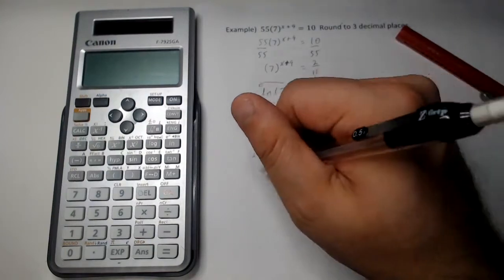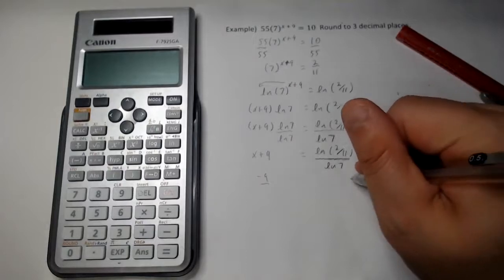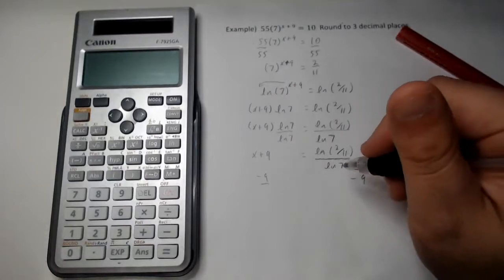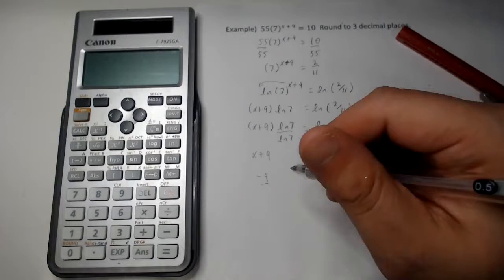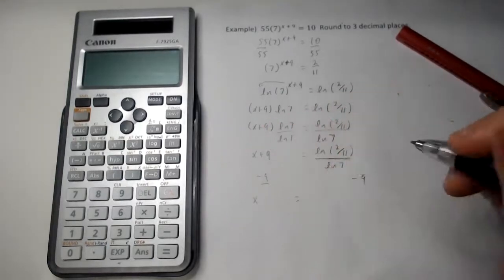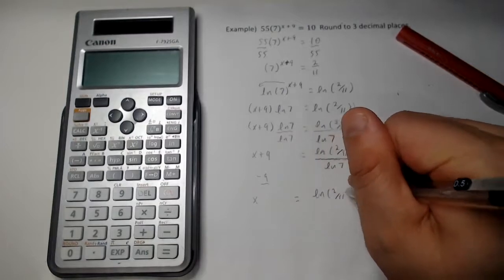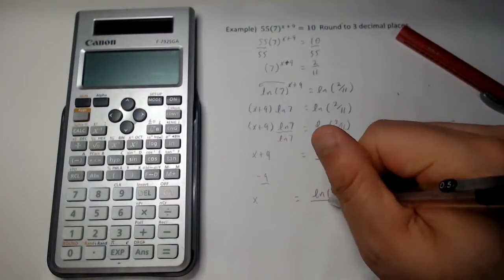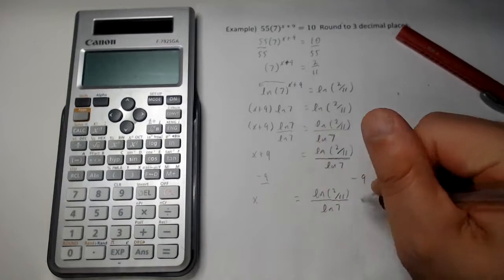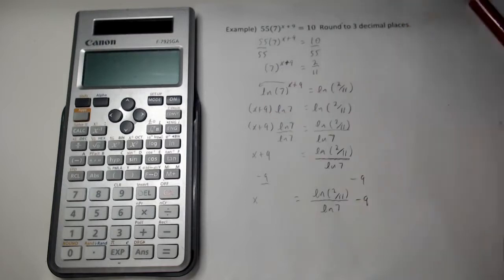And then I need to subtract the 9. So x equals natural log of 2/11 over the natural log of 7 minus 9. And I'm going to round this to 3 decimal places.